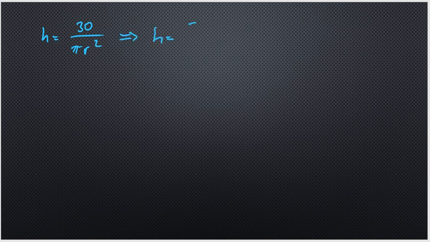So this means h is 30 divided by pi times 2.122 squared. And if you plug this into your calculator and round to 3 decimal places, you get approximately 2.121 centimeters. So radius and height, almost identically the same thing.